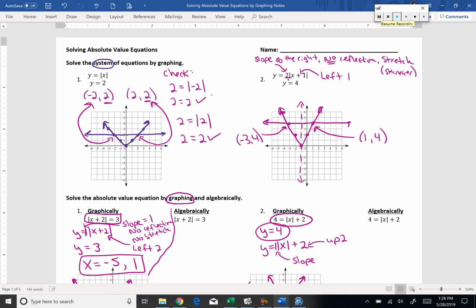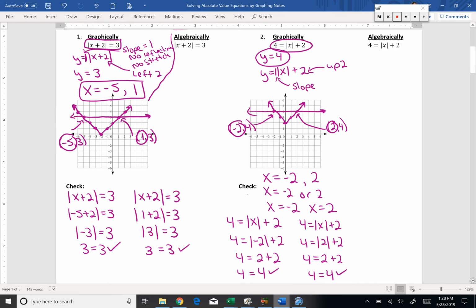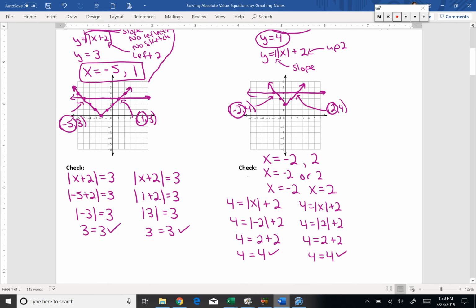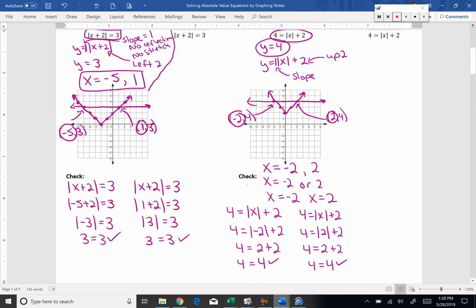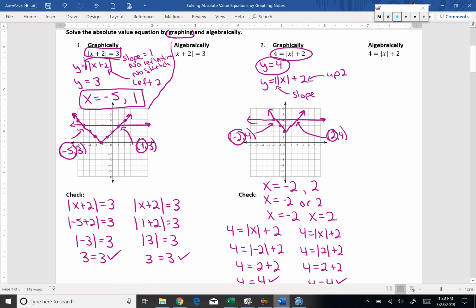Alright, so the top piece of this, where it says solve the system by graphing, we're not going to worry about that piece because the graphing part we're finished with. We've solved graphically. Now it's time for us to move on to the solving algebraically piece.